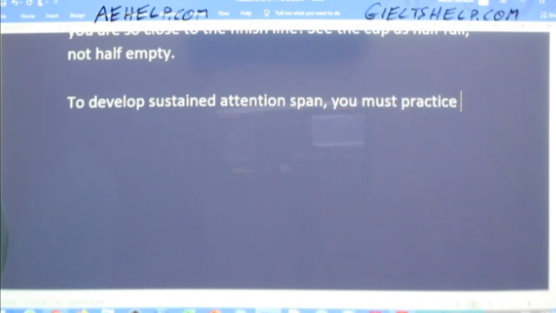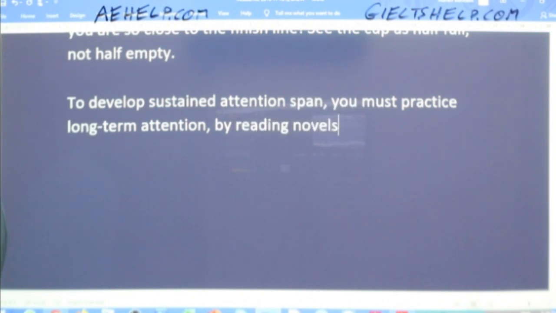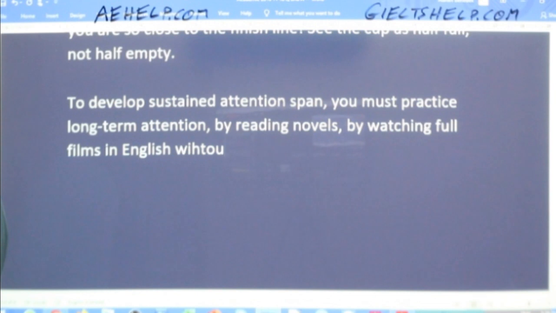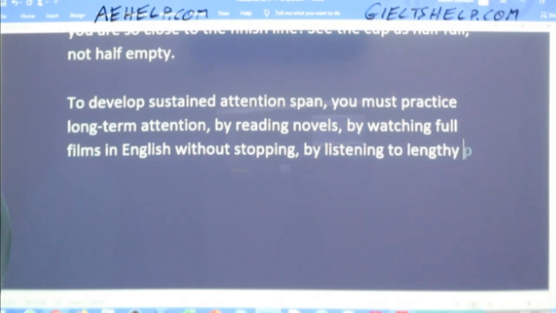To develop sustained attention span, you must practice long-term attention by reading novels, not just short stories, by watching full films in English without stopping, by listening to lengthy podcasts and interviews. Okay.